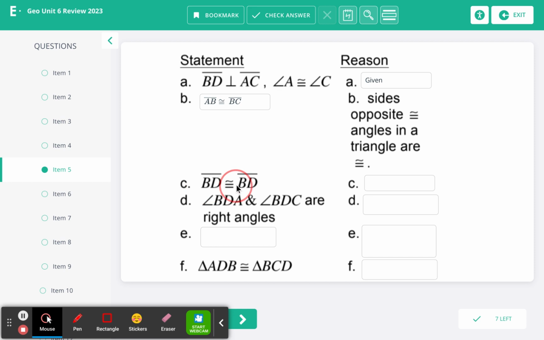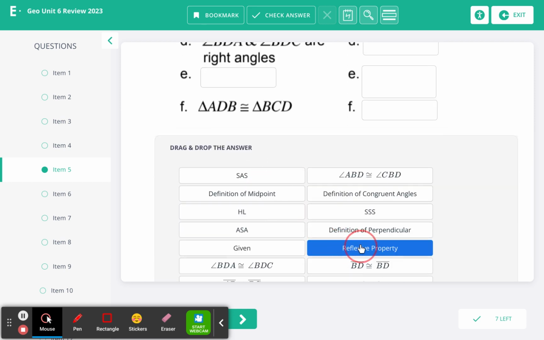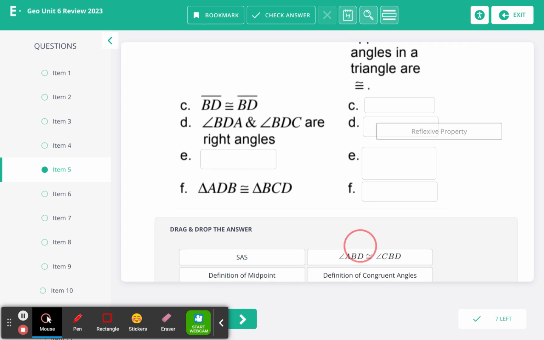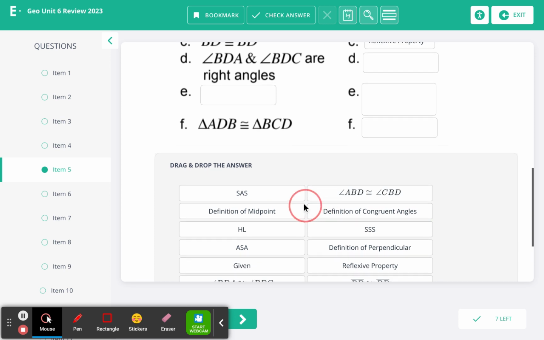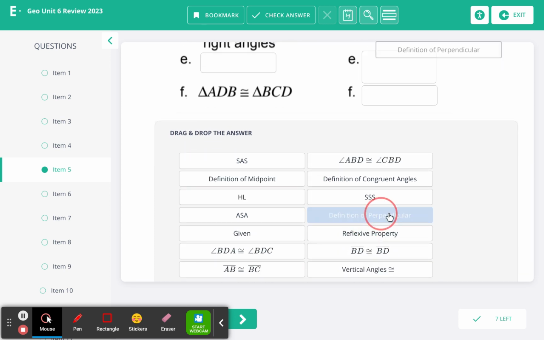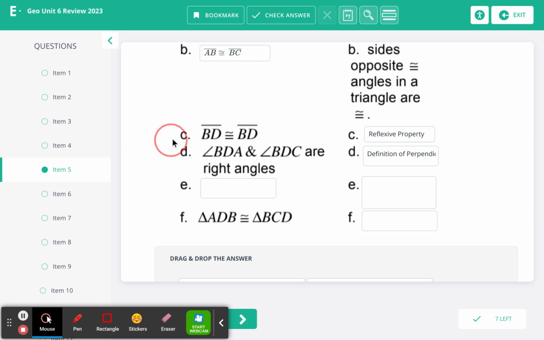Step C, BD is congruent to BD. Well, that's the shared side, which is always proven by the reflexive property. Angle BDA and angle BDC are right angles. This doesn't say they're congruent, it just says they're right angles. We know they're right angles because of the definition of perpendicular. If you have perpendicular lines, it makes right angles.